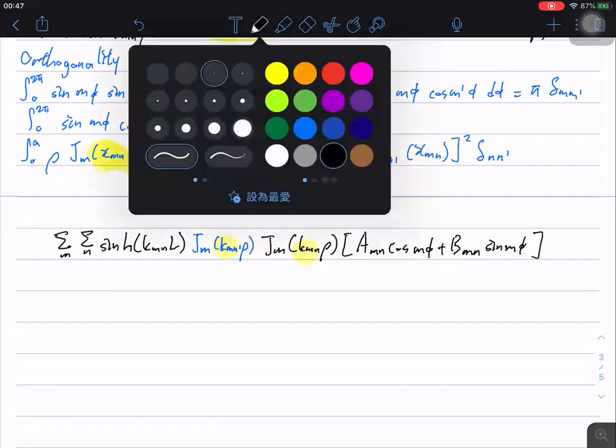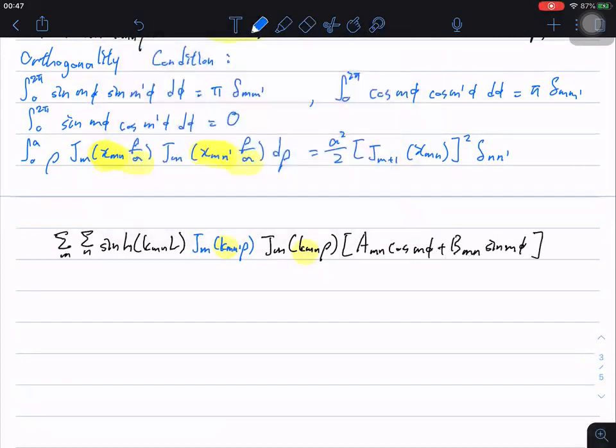And then, just like the orthogonality condition above, you multiply it with the Bessel function, and also multiply by rho, integrated from 0 to a. And you perform the same operation on the right-hand side: multiply with a Bessel function and rho, and for the right-hand side, we have the function f here.